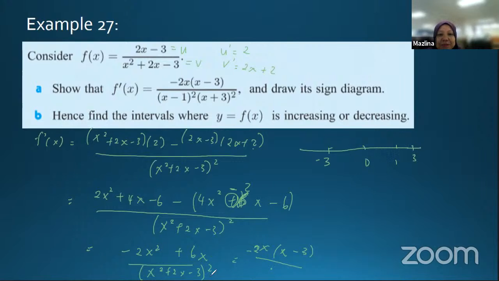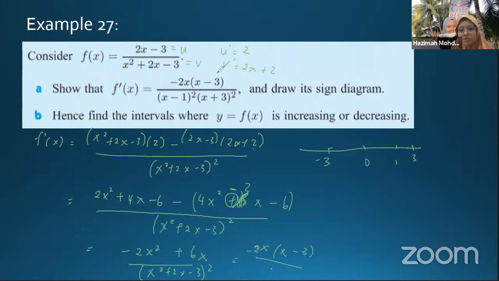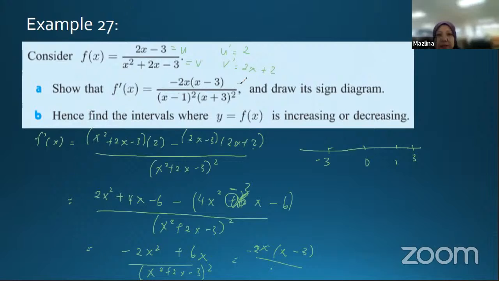The rest of you? I got only 0 and 3. When you equate this with 0, this one multiplied by 0 is all gone, so this is the only one we have here. So negative 2x times (x minus 3) equals 0, right? Yes, teacher.